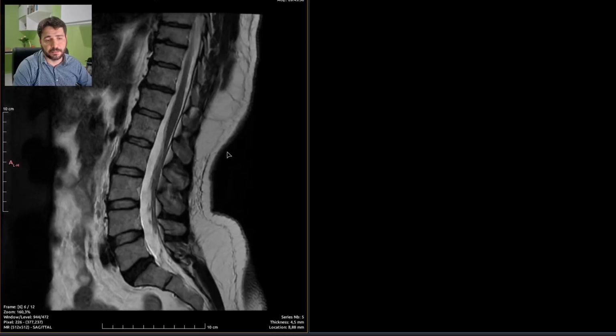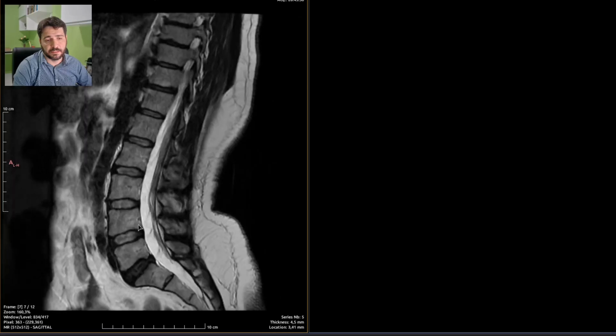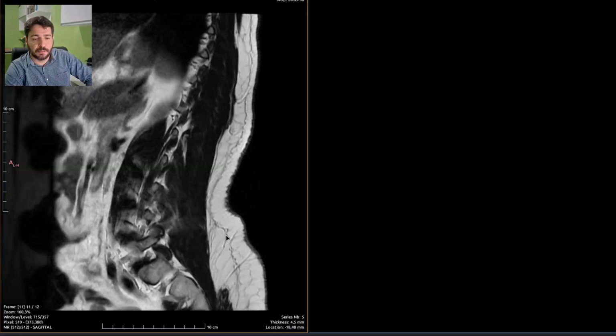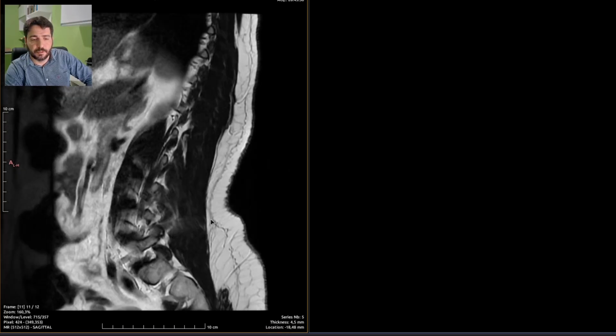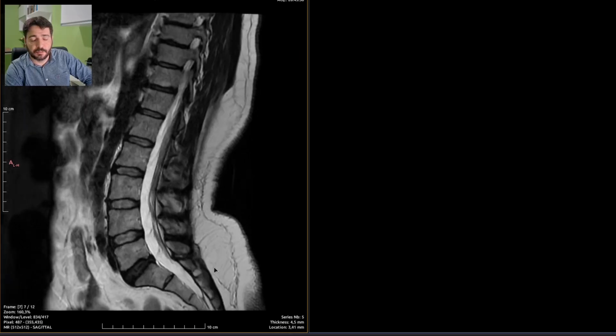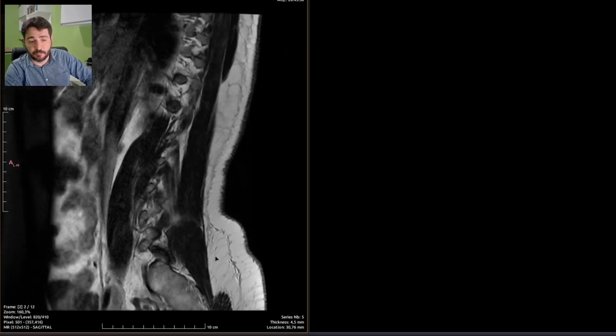So this is a well done lumbar spine MRI scan. There is some degree of degenerative disease of these discs. They are reduced in height and in hydration, in T2 signal intensity, especially on L5-S1, the last of the lumbar segments, the transitional segment to the sacrum.